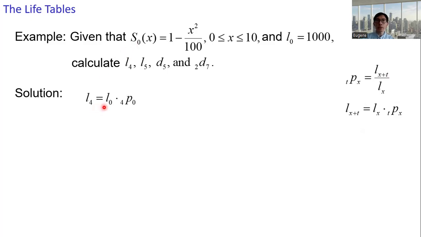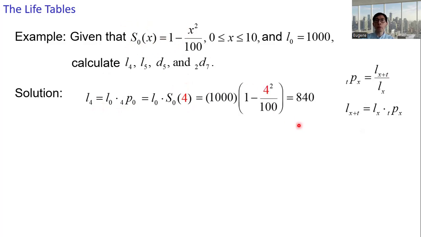So L4 is L0 times 4P0, and 4P0 is in fact S0 of 4. Substitute x equals 4 in S0, and then we get L4 equals 840.